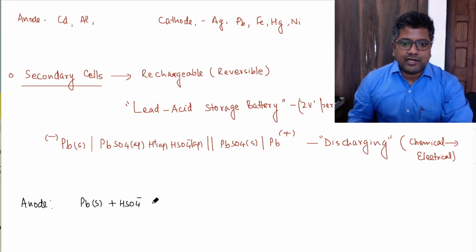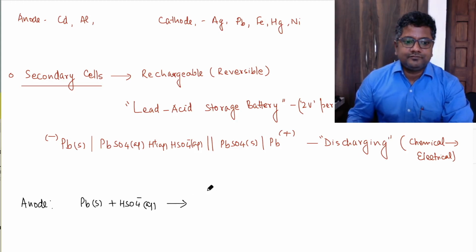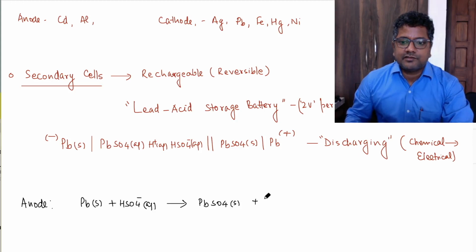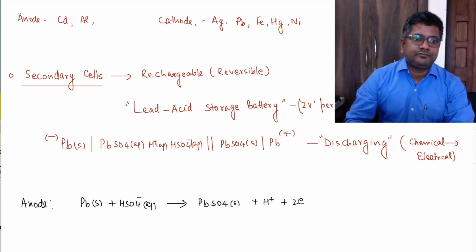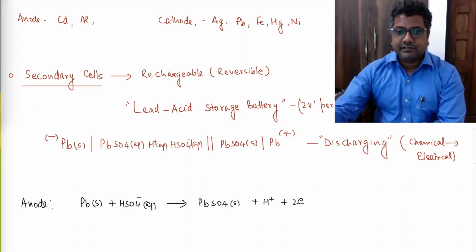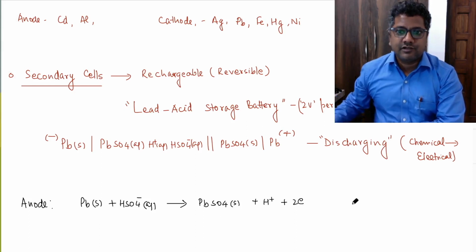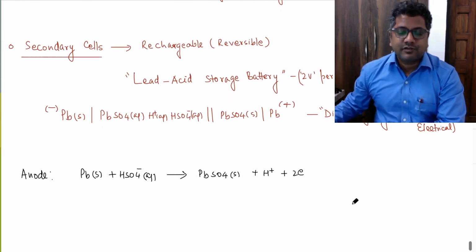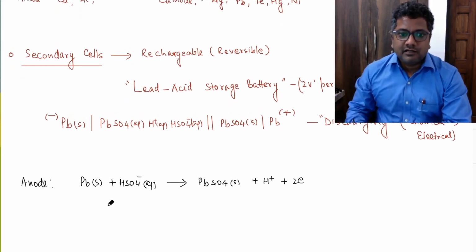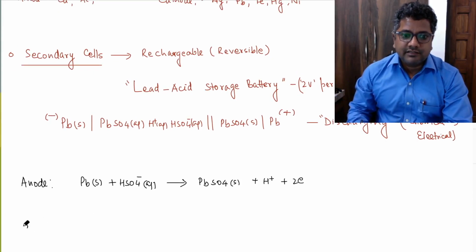So HSO4 minus aqueous will give you PbSO4 solid plus H plus plus 2 electrons. This is the anode reaction in the lead acid storage battery.